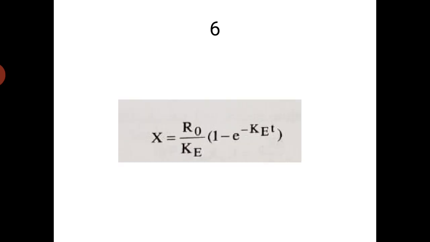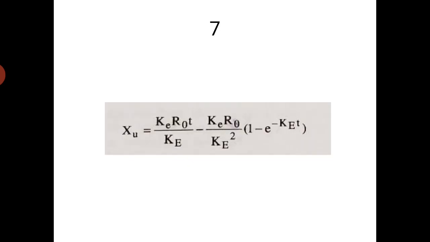Upon integration, you will get Xu equal to Ke R0 t divided by K minus Ke R0 by K square into 1 minus e raised to minus Kt.